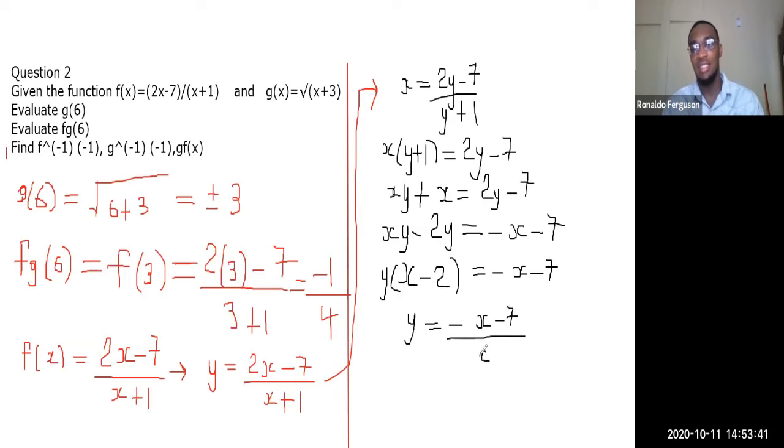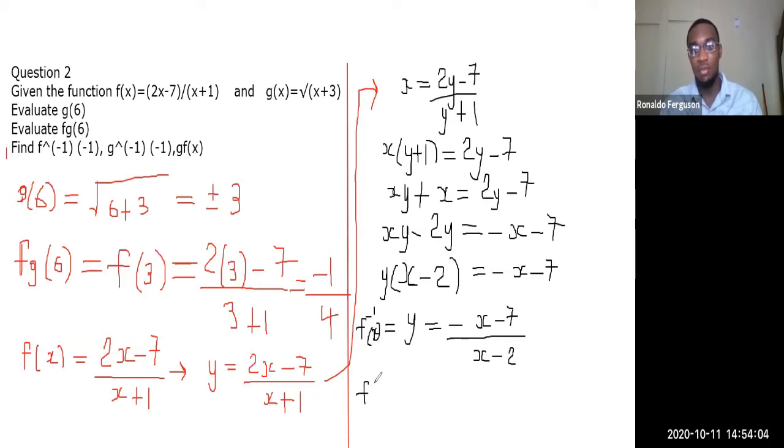Easy question. Right? That's what I get for y. And so now we can find f inverse, because remember, replace y with f inverse. So this is f inverse of x. And so y is f inverse of x.